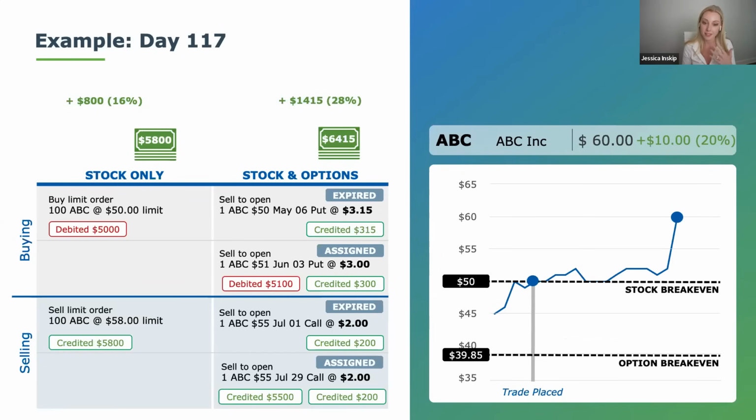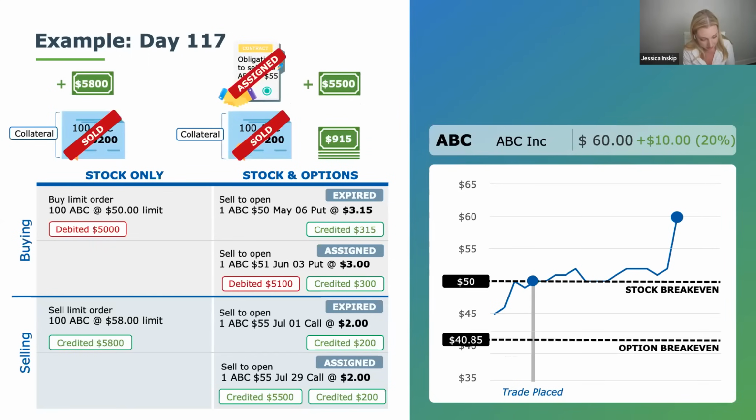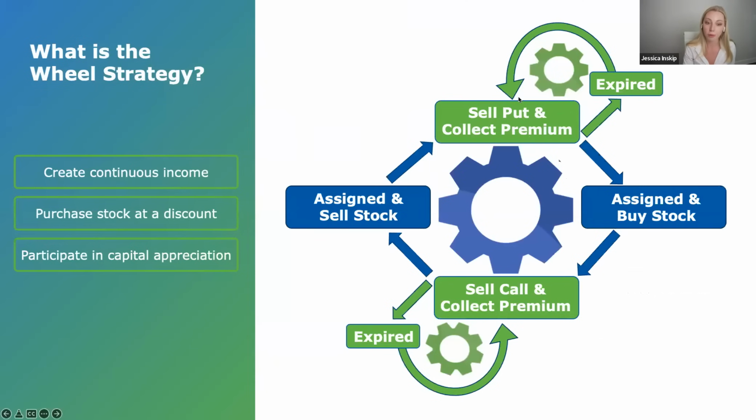So utilizing the wheel, and I'll go back to that slide, you can see how constantly collecting the premiums allows you to purchase the stock at a discount and create continuous income. You're constantly selling short-term calls or short-term puts, and you're reducing the max risk. Because again, look at this through buying a stock.